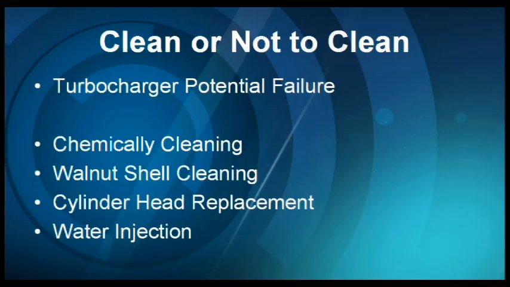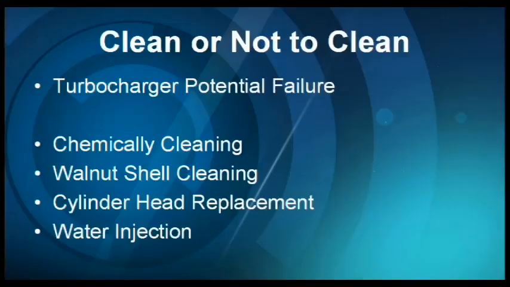If there were any little pieces of walnut shells left, they would just burn up in the combustion process and not have any detrimental damage to the engine. There are not very many shops that still have these crushed walnut machines laying around, so that option is pretty tough. Cylinder head replacement, that's rather expensive.